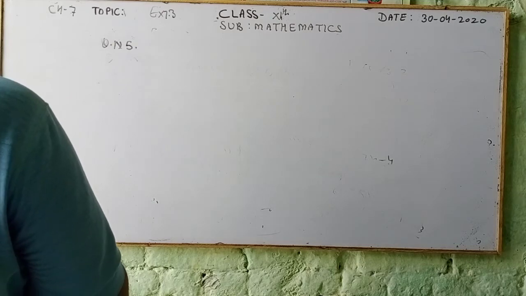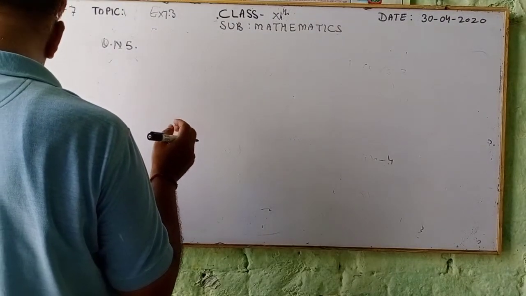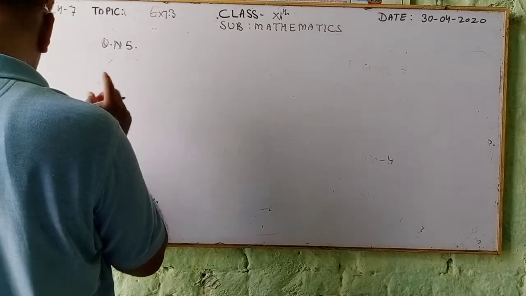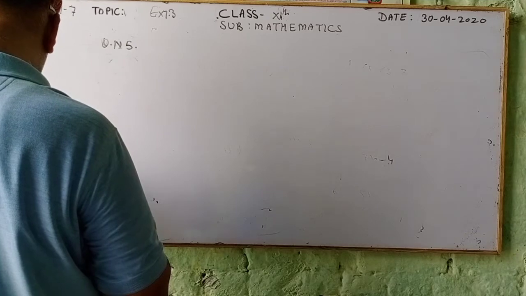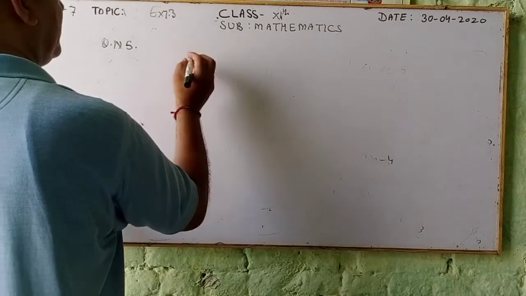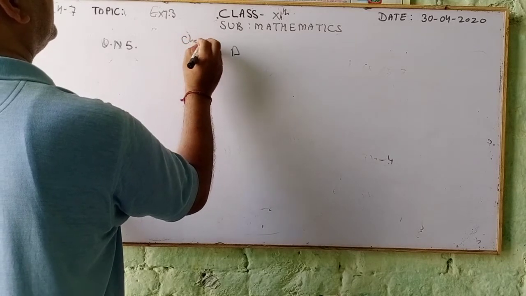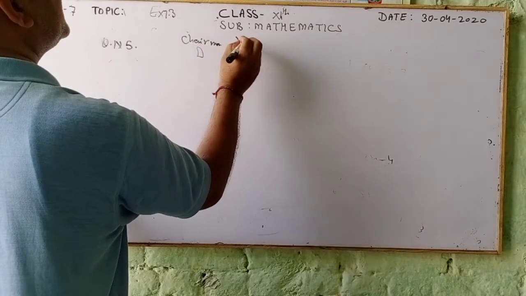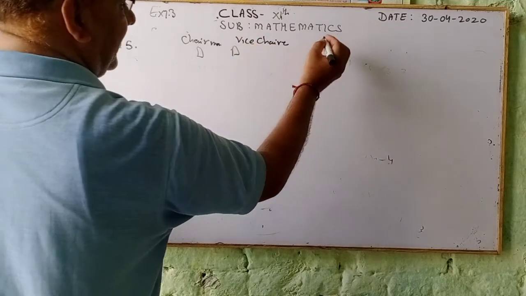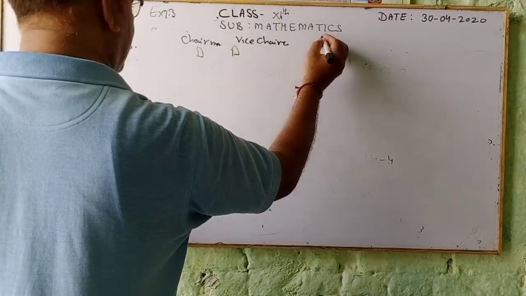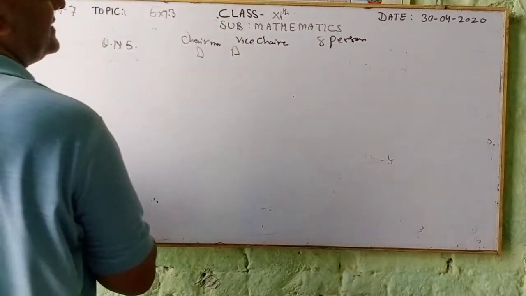From a committee of 8 persons, in how many ways can we choose a chairman and vice chairman, assuming one person cannot hold more than one position? So we are taking two positions only: first position chairman and second position vice chairman. We have total 8 persons, so first we select the chairman.